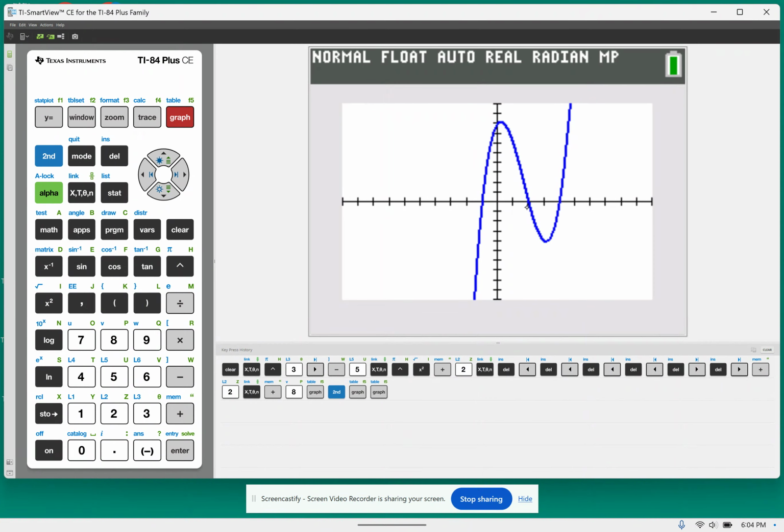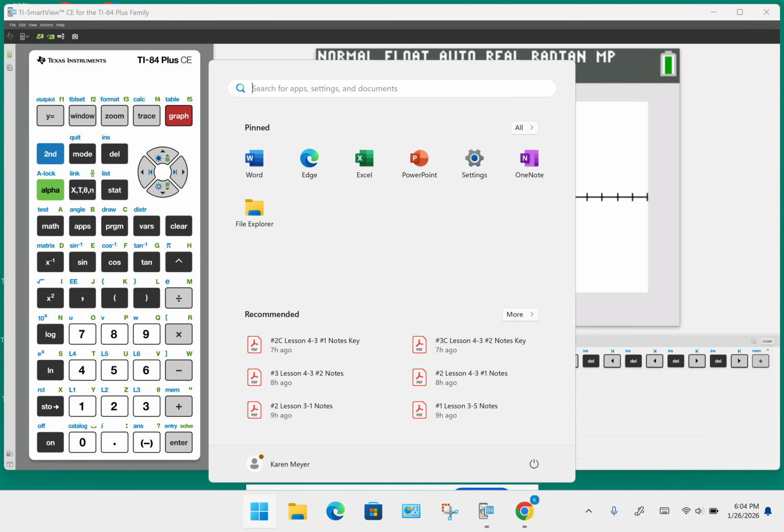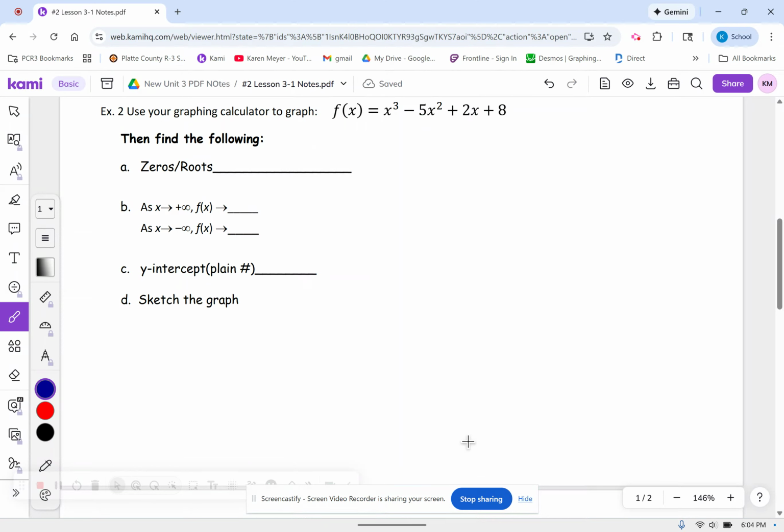These all just cut straight through. So for my zeros, I had -1, +2, and 4. So I don't have to do synthetic division or quadratic formula because I was able to find all of them right there.